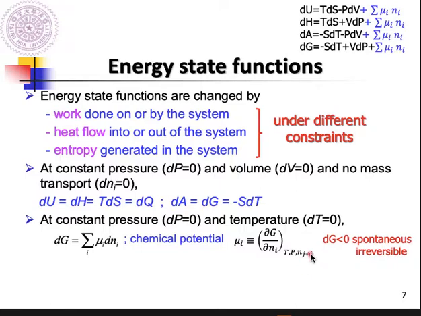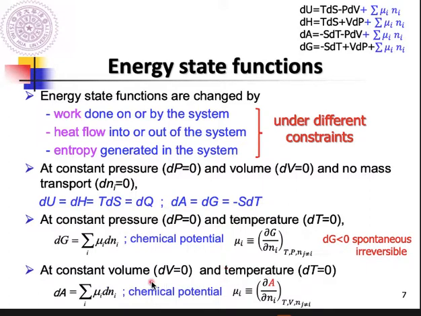We need to calculate dG, and if dG is negative, the direction you propose or predict is the right direction for the system. On the contrary, if dG is positive, that means your proposed direction of this reaction is not going to happen. It's an impossible reaction.